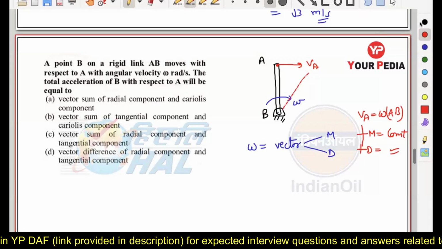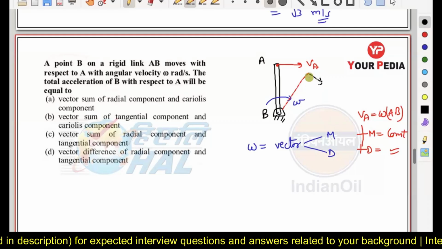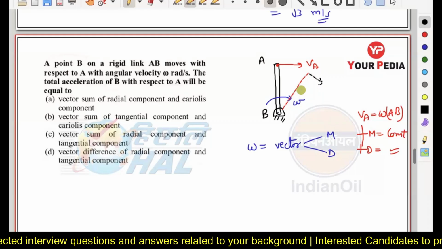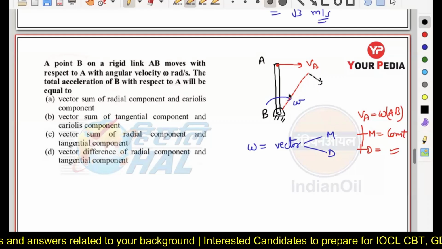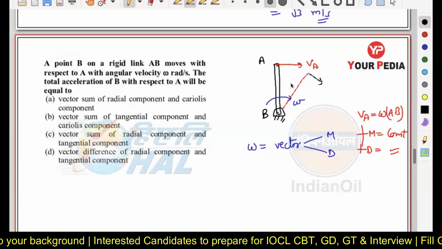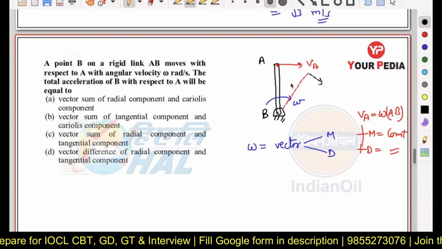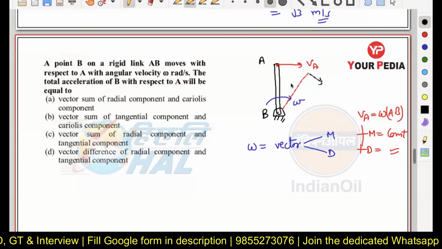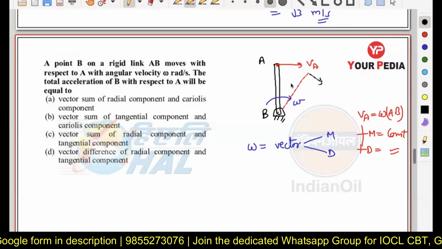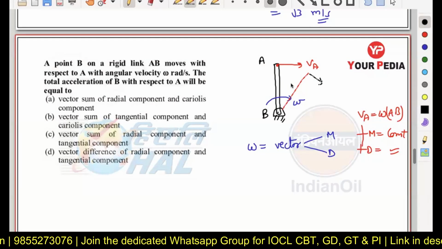Then the velocity direction will change. So whenever a link is rotating with a constant angular velocity, the velocity of a particular point has a constant magnitude, but the corresponding direction is going to change. That is the first thing.